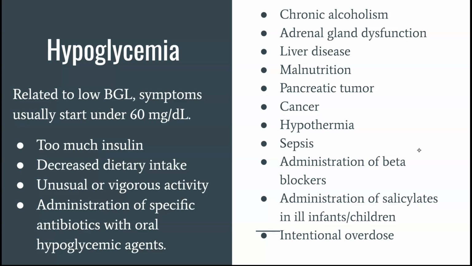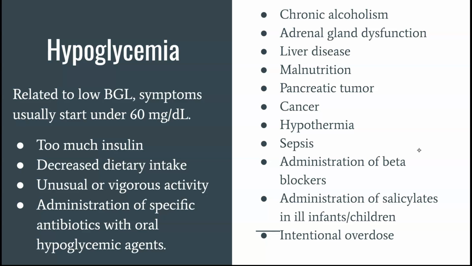Sometimes antibiotics and the oral hypoglycemic medications can cause increased dropping of the blood sugar. Patients who are trying to lose a little weight, who are diabetic, who then overdo their activity with not enough eating. And there's a number of other things that can cause hypoglycemia, including cancer, sepsis, etc.